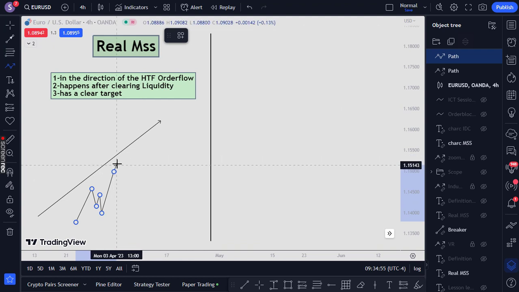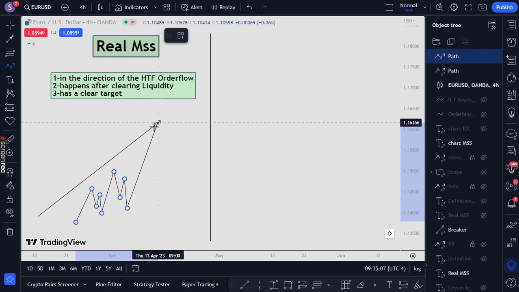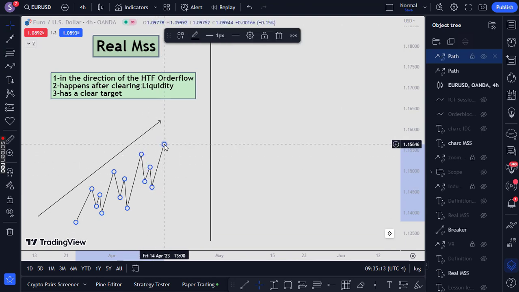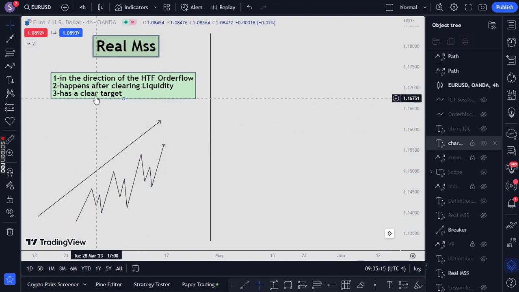All right, guys. So another retracement like here, and then inducement, inducing traders, generating liquidity here, preventing traders from anticipating this overall bullish move, and then creating a displacement right here, and another one right here. The next characteristic is that it happens after clearing liquidity.